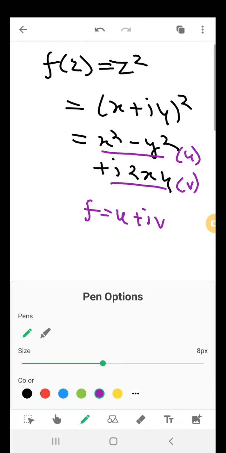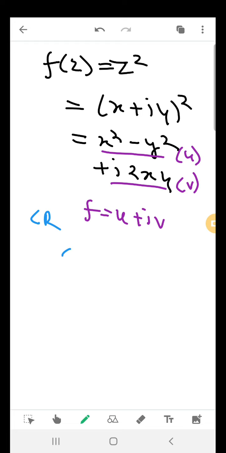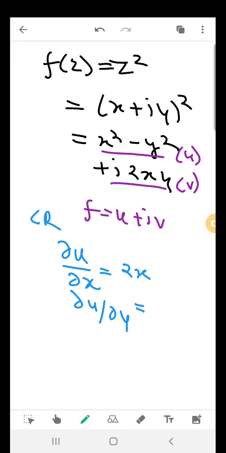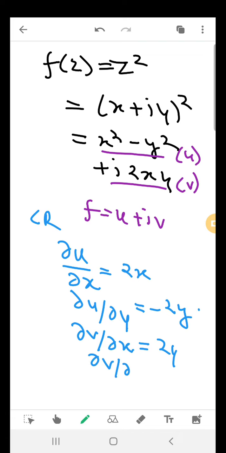According to the Cauchy-Riemann condition, del u by del x is equal to 2x and del u by del y is equal to minus 2y, and del v by del x is equal to 2y and del v by del y is equal to 2x.